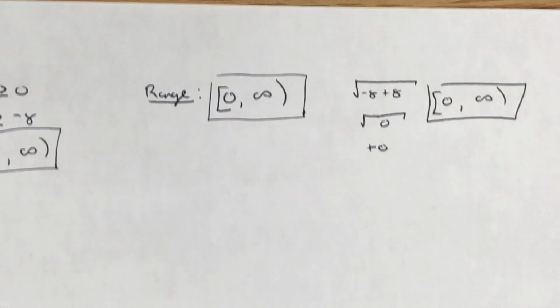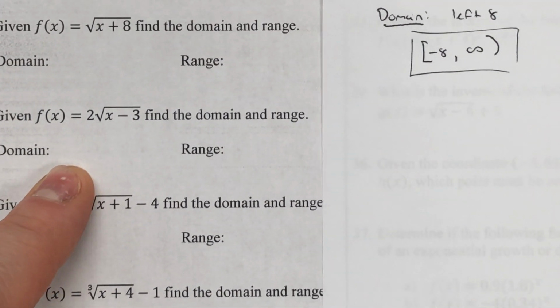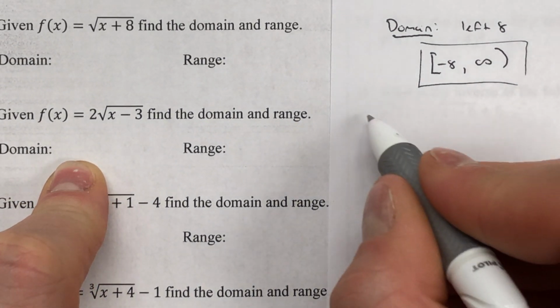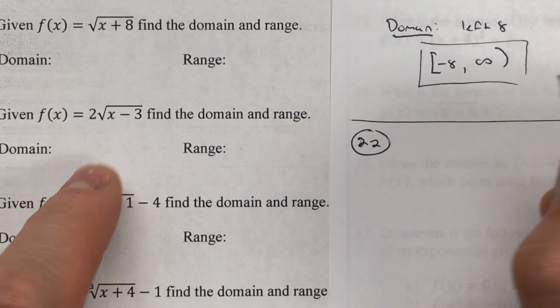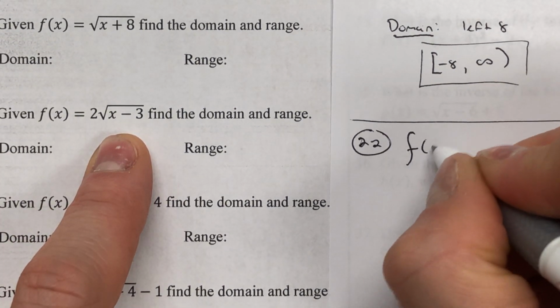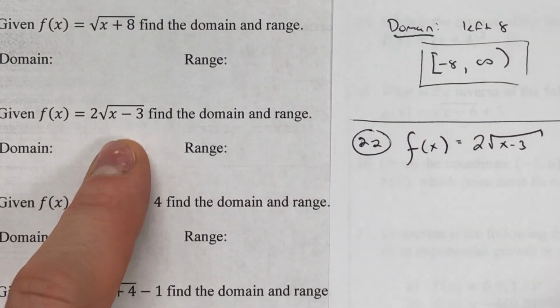Perfect. So now that we've seen that in action, let's go ahead and try out number 22. I want to find the domain and the range of this f of x function, 2 root x minus 3.